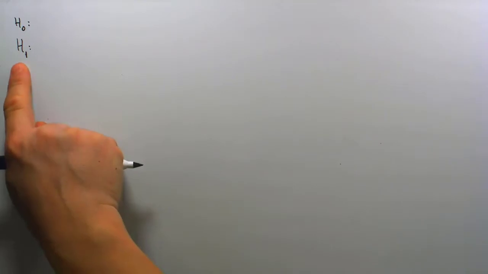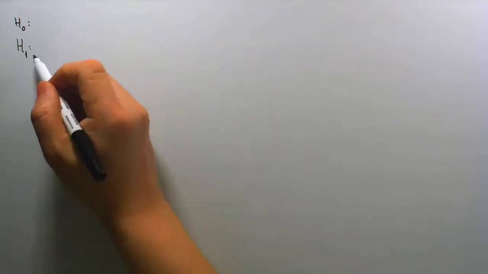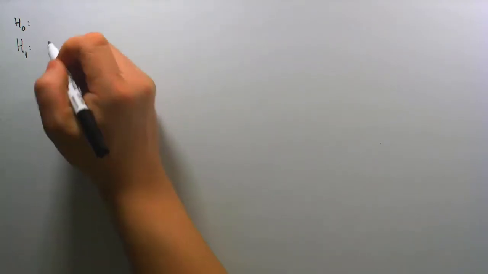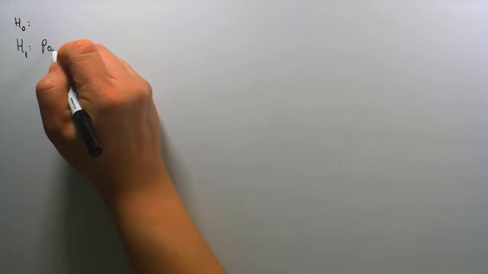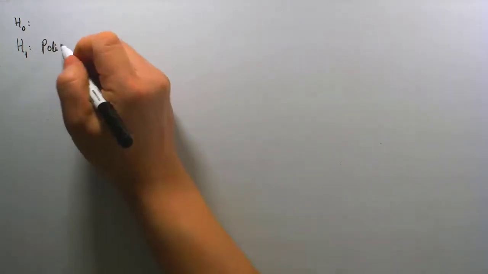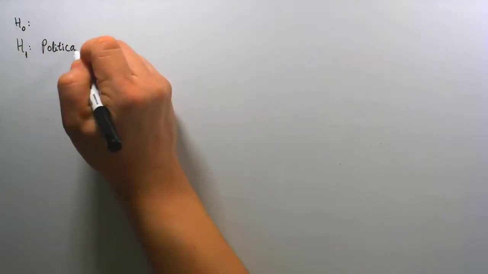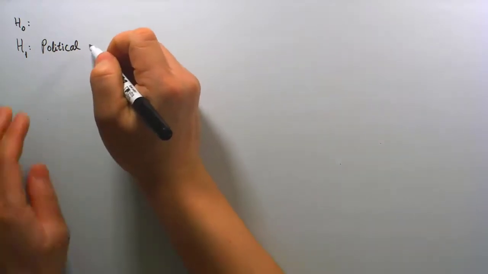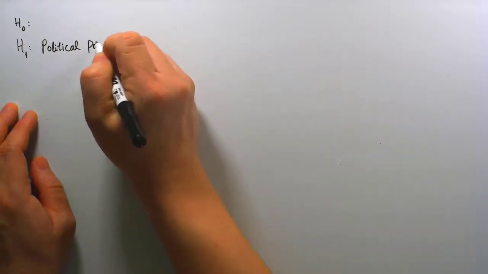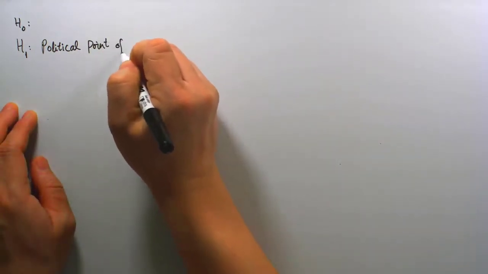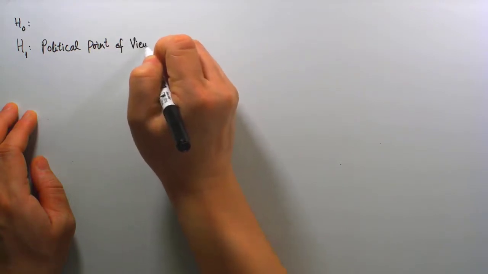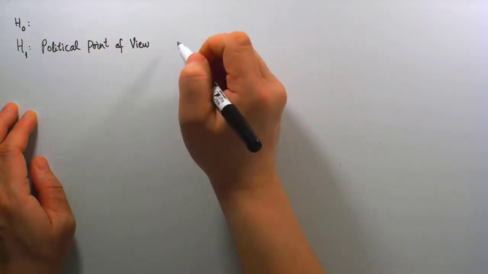And so learning from the general lecture, now I can first tackle immediately H1, the alternative hypothesis. And so the alternative hypothesis here should say that political point of view, that's one categorical variable that we recognized.